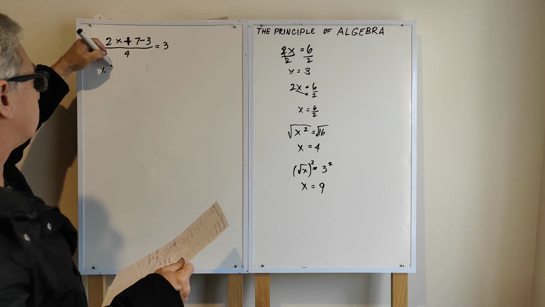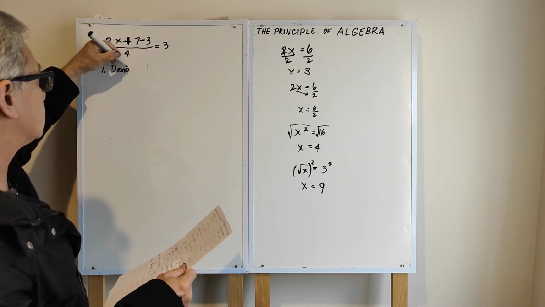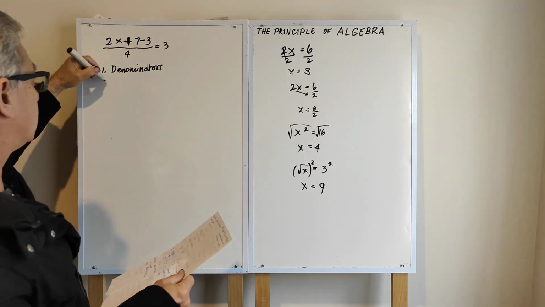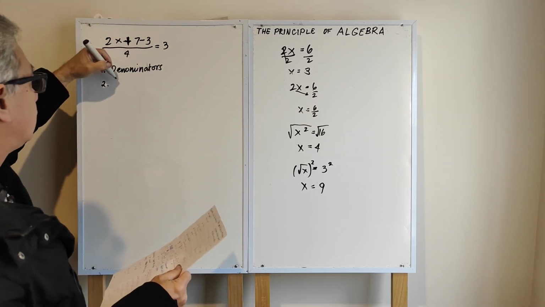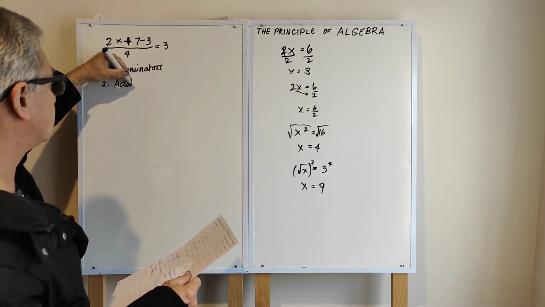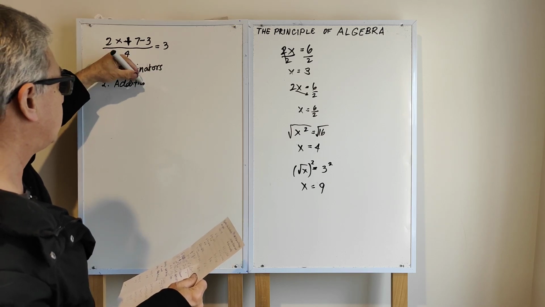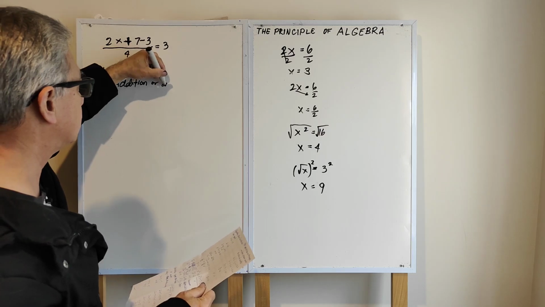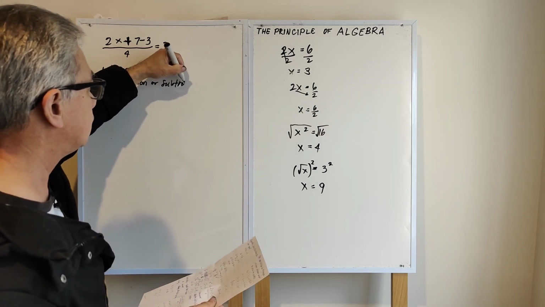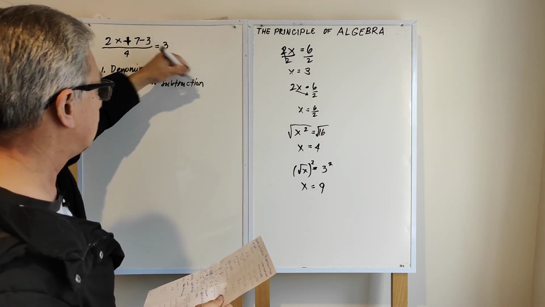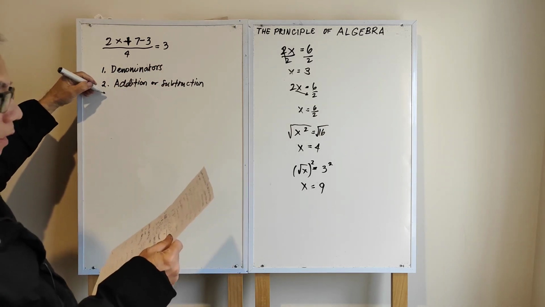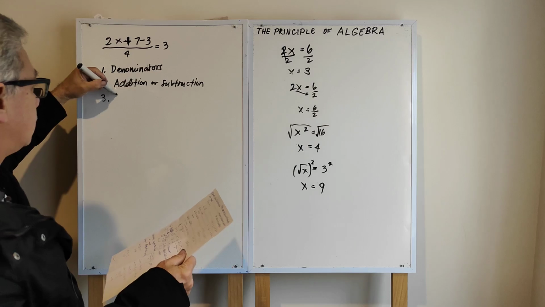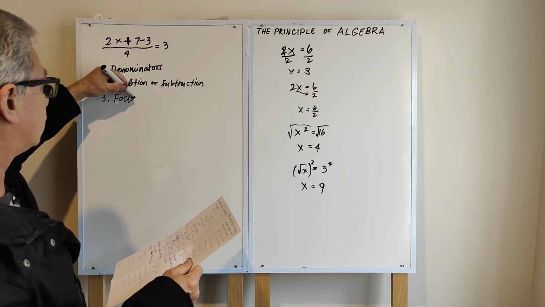First is to remove the denominators. Number 2, remove the addition and subtraction values. You can do it on the same level. It doesn't matter which one goes first. And the third factor is remove the factors.